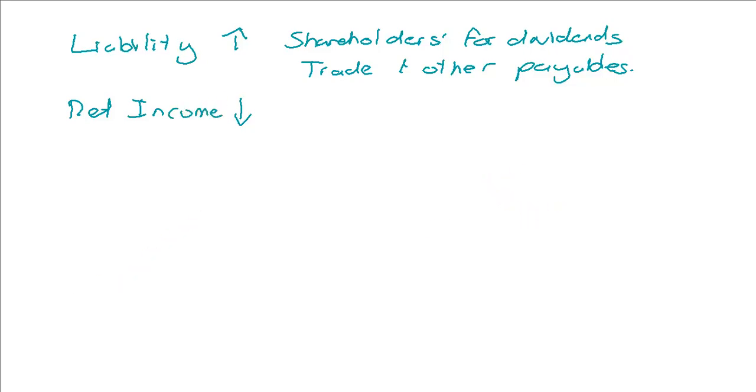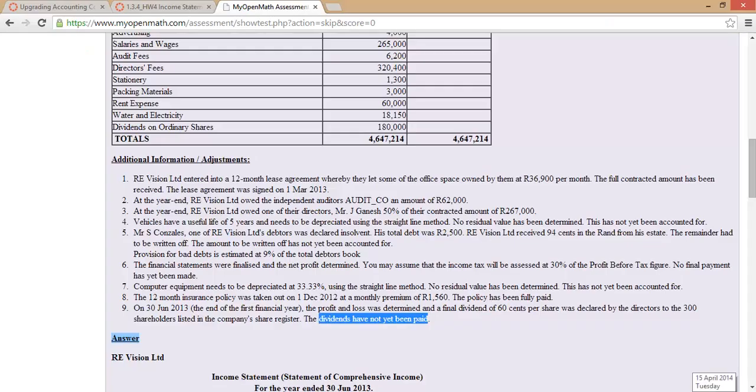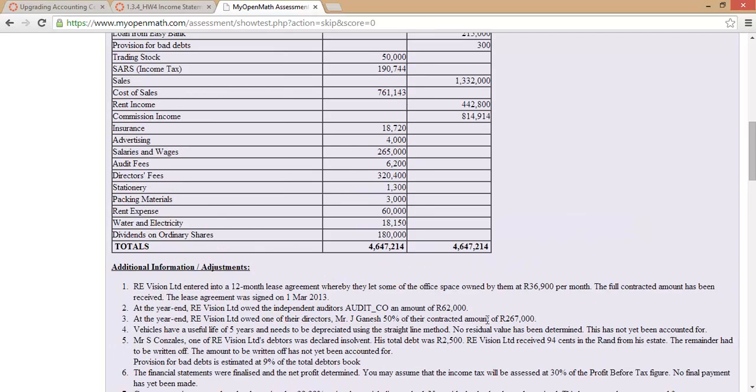The question, however, is how much is this dividends that we are distributing? And the information said that we are distributing dividends at 60 cents per share, right, to the 300 shareholders. Now, this to the 300 is just there to confuse you, right, because the dividends is declared at 60 cents per share. So if you look at the number of shares that is currently in issue, where can we find that?